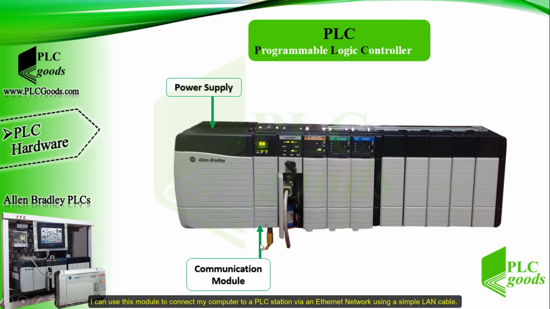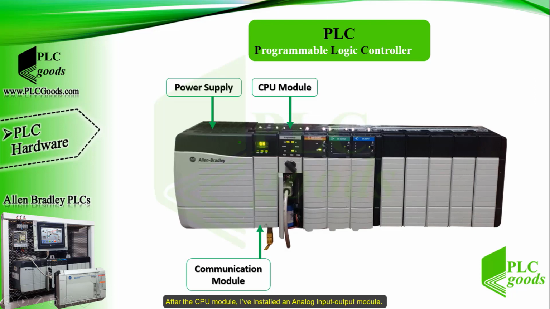I can use this module to connect my computer to a PLC station via an Ethernet network using a simple LAN cable. The next one is my CPU module, which supervises all operations within a PLC station.